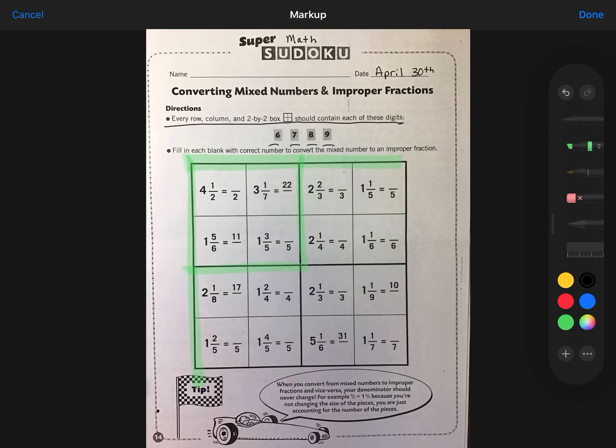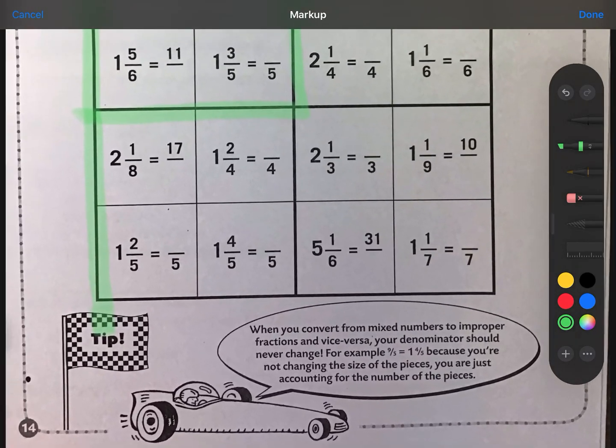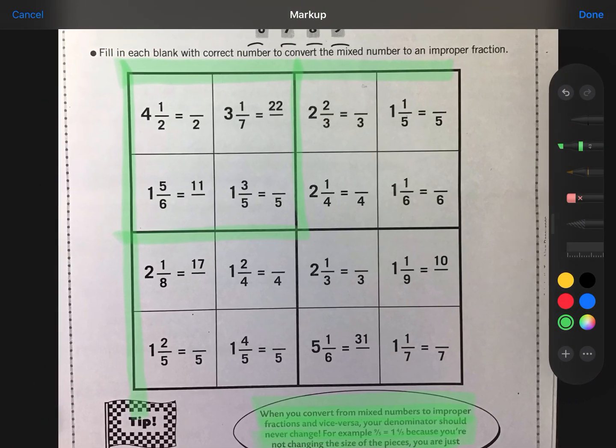Okay. Also, let's read this tip down here. When you convert from mixed numbers to improper fractions and vice versa, your denominator should never change. For example, 9/5 equals 1 4/5 because you're not changing the size of the pieces. You are just accounting for the number of the pieces.